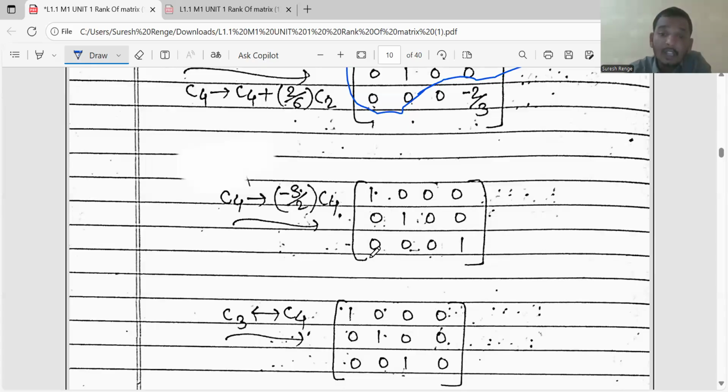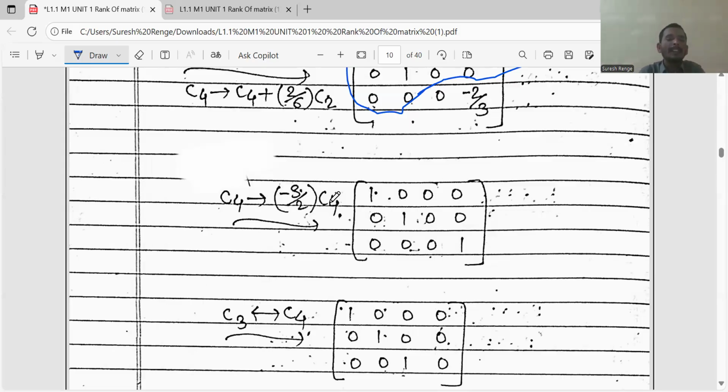Now going to row number 3, to find the leading element. The leading element in row number 3 is -2/3. Since that is a leading element, we want to make that element equal to 1.